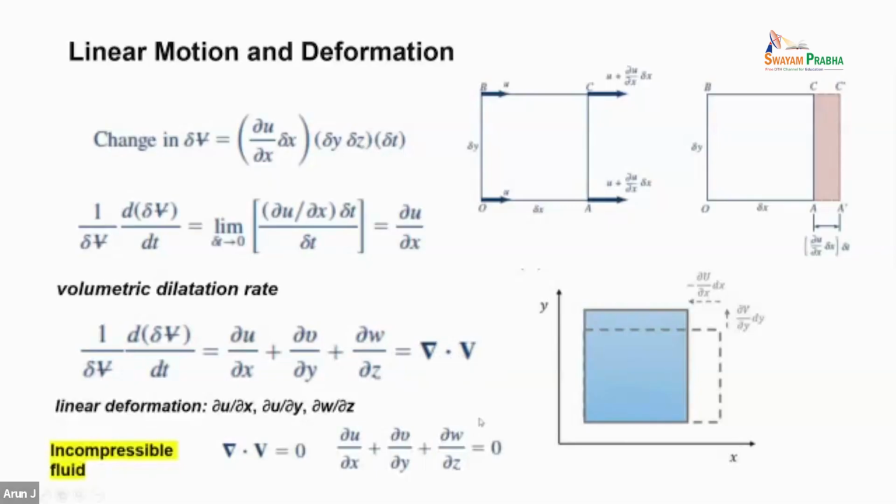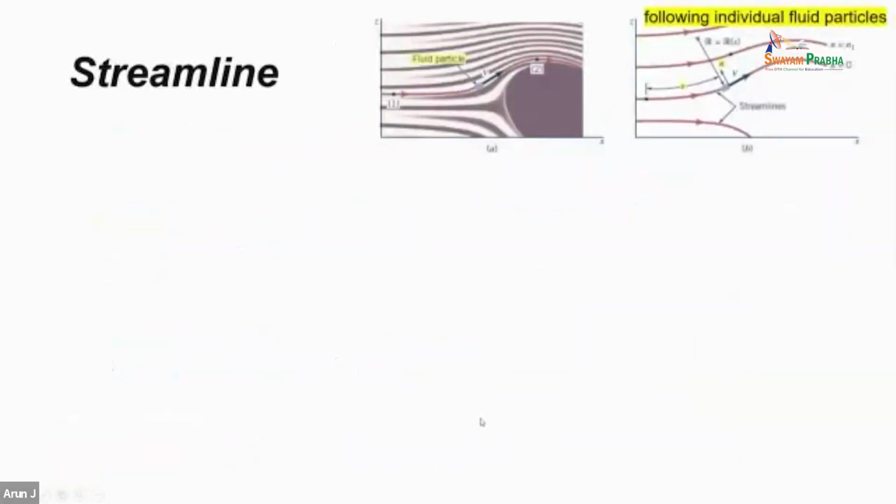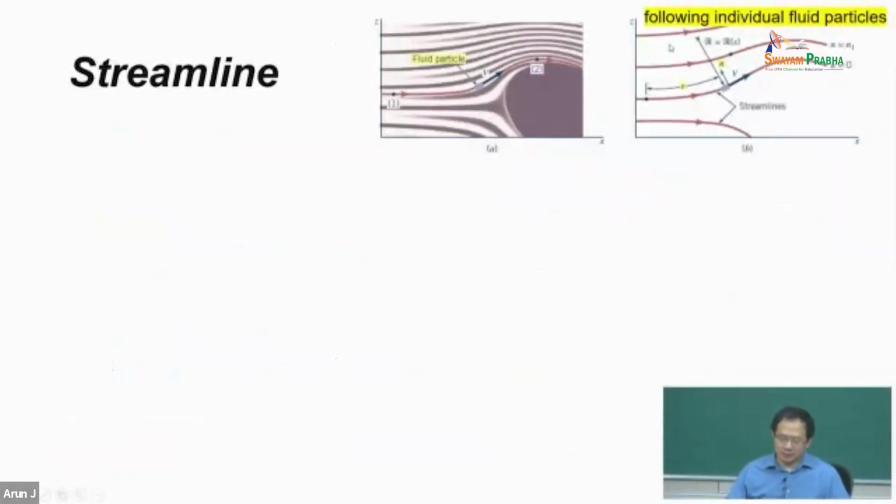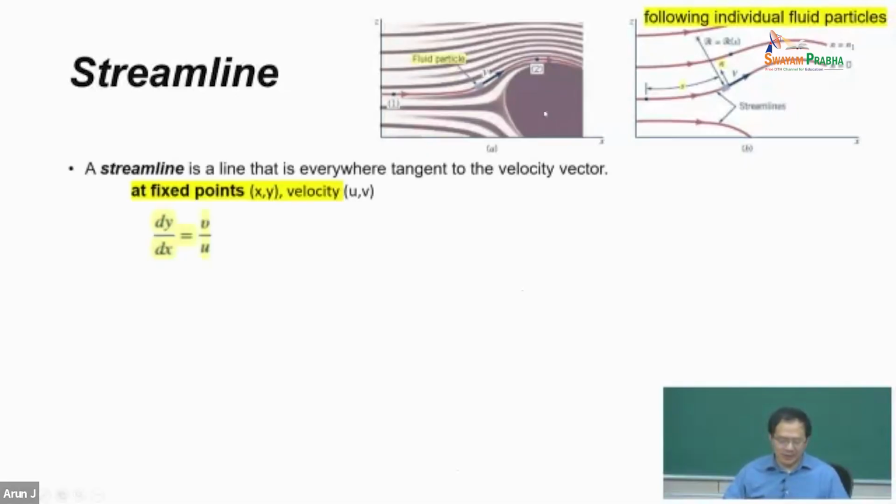Now, coming back to the streamline again, we said along this streamline there is already a Bernoulli equation. For fluid, how do you write the streamline function? Along this streamline, at this point, dy/dx is in the direction of u and v, this relationship.